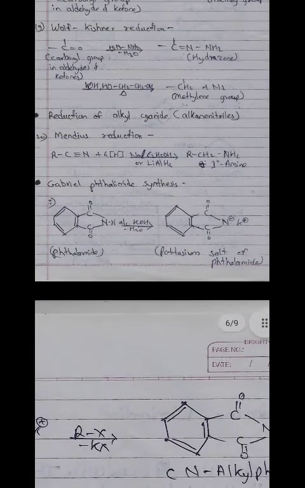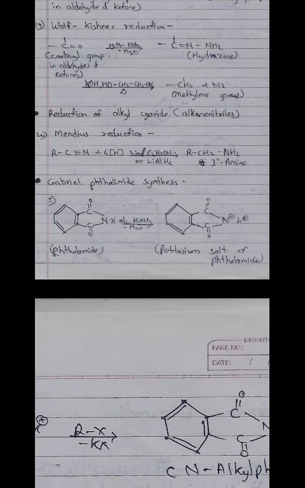Hydrazone means C double bond N and NH2, and again reacting it with KOH and with HOCH2CH2OH, which means 2 carbons and 2 alcohol groups, a diol, ethane-1,2-diol, will form a methylene group.